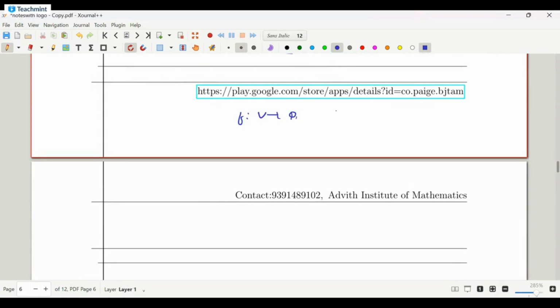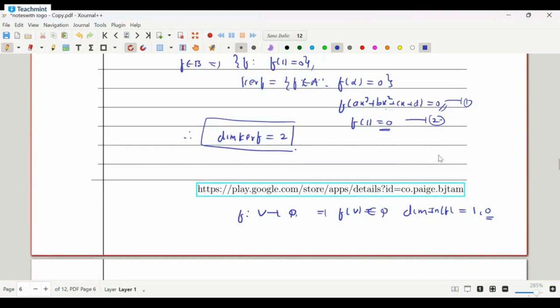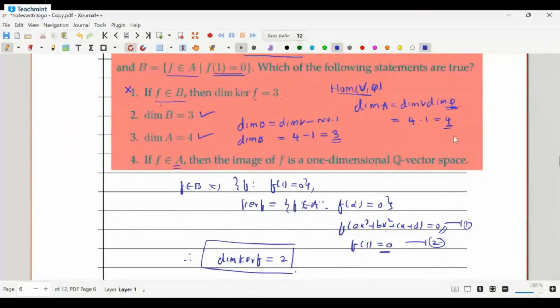So image of f is also subset of Q, sir. That means the dimension of image of f is either one dimensional or zero dimensional, sir. Zero dimensional అంటే f is identically maps to zero, sir. Zero transformation అయినప్పుడు మాత్రమే.